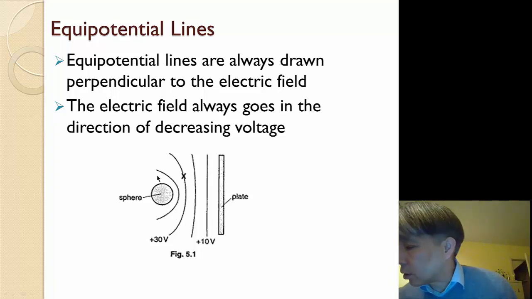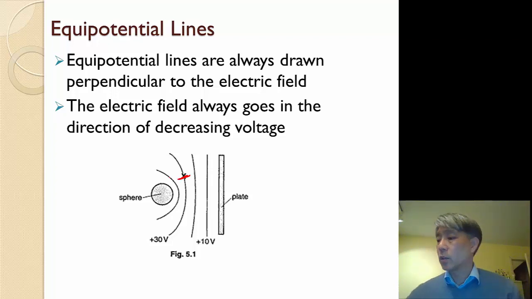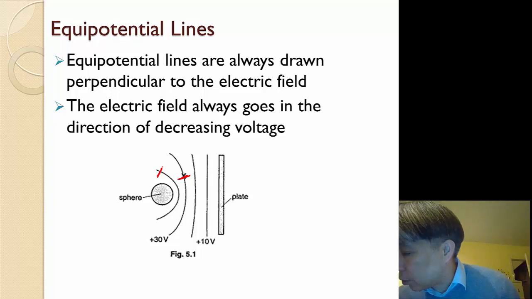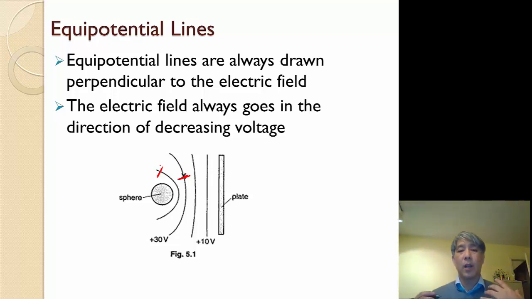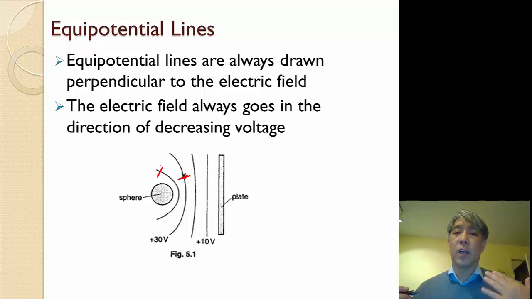So for instance, my electric field here at the x would point slightly up and to the right, because it needs to be, not tangent, perpendicular to my equipotential line. Similarly, over here, it would also be perpendicular. If I have an electric field, by definition again, the equipotential lines would be perpendicular everywhere that they cross. So that's the first rule: you always draw the equipotential lines and electric field lines perpendicular.